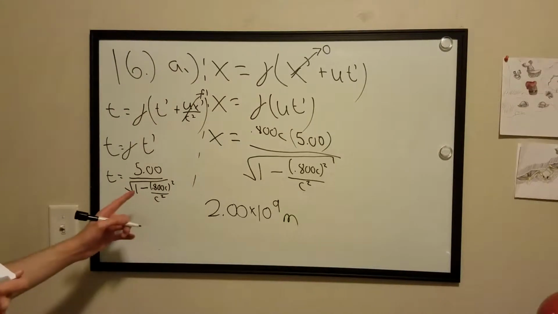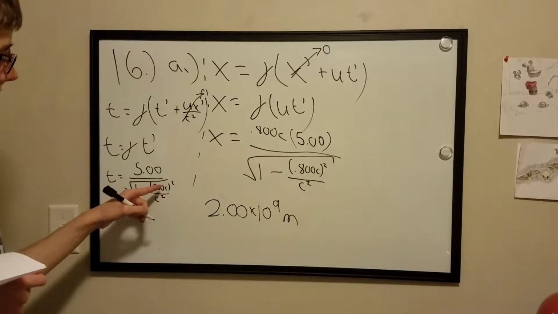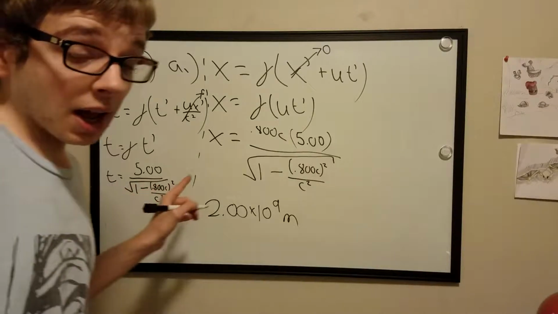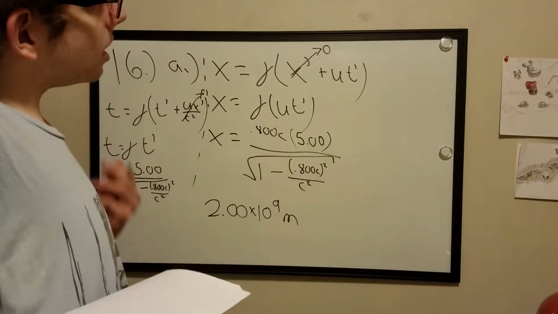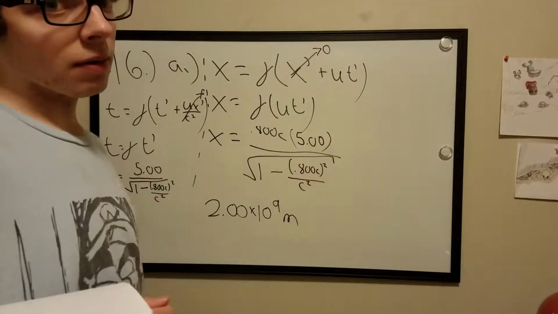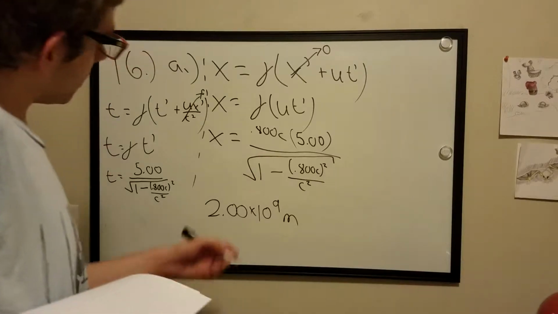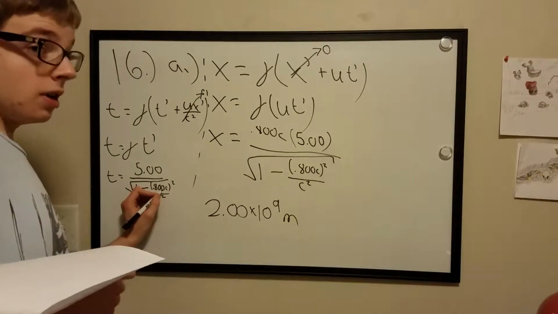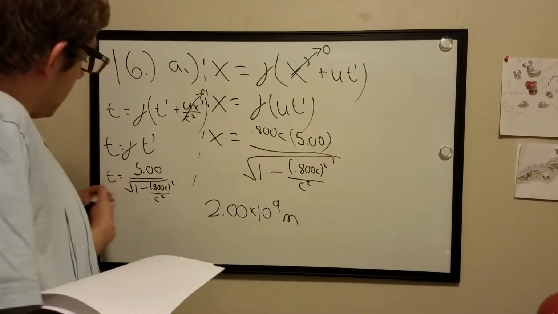And again, in these equations, this value is supposed to be u squared, and u is the speed of Mavis in this situation. So we take Mavis's speed, which is 0.8 times c, and plug it into that equation.